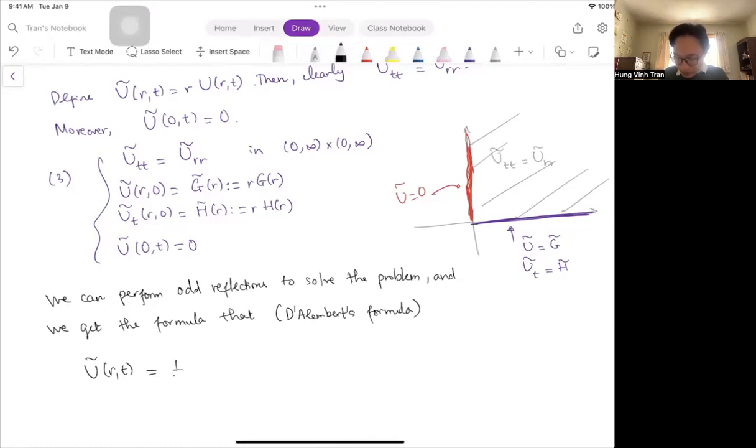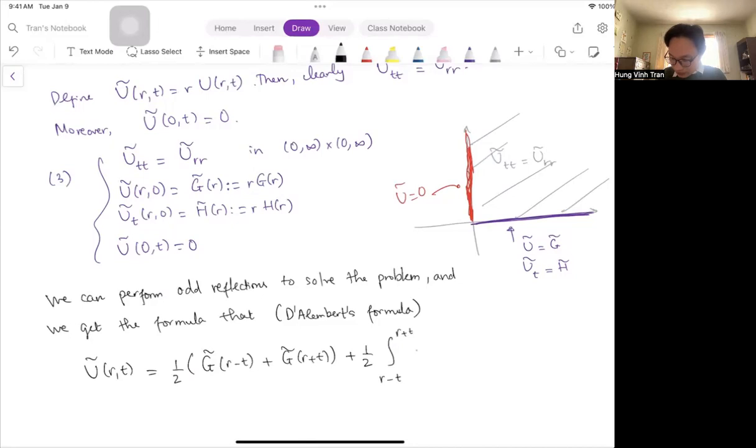That is 1/2 of the value of the initial data from the left and the right, which is g tilde of r minus t plus g tilde of r plus t, and 1/2 of the integral of the velocity from r minus t to r plus t.